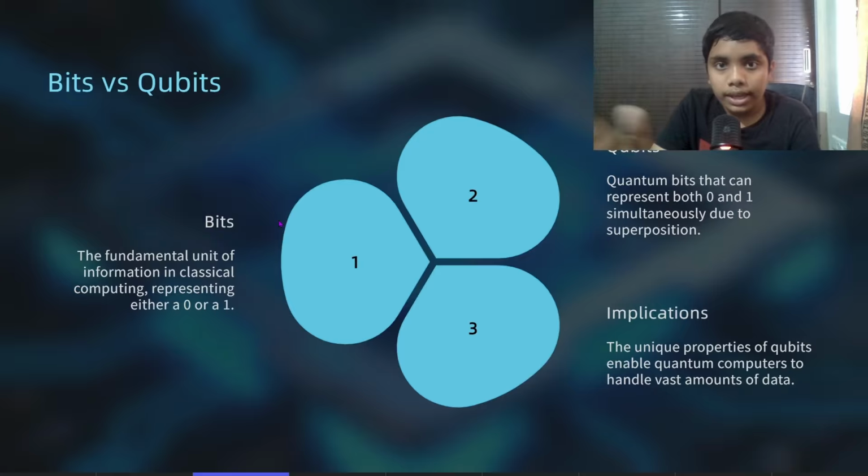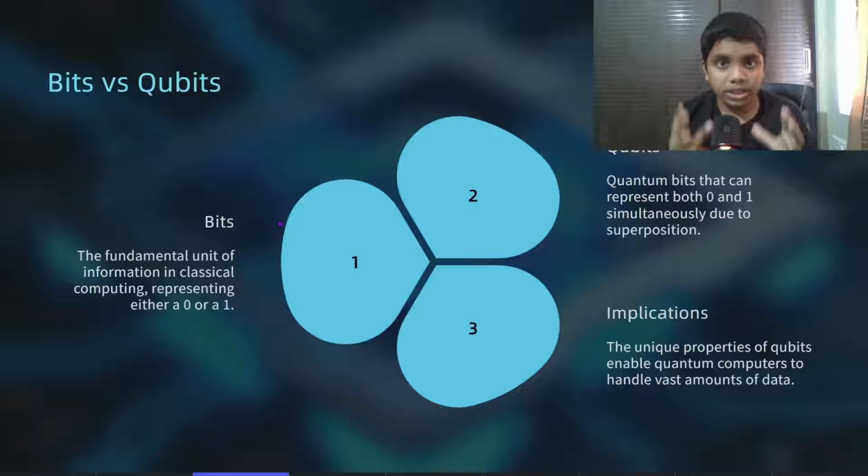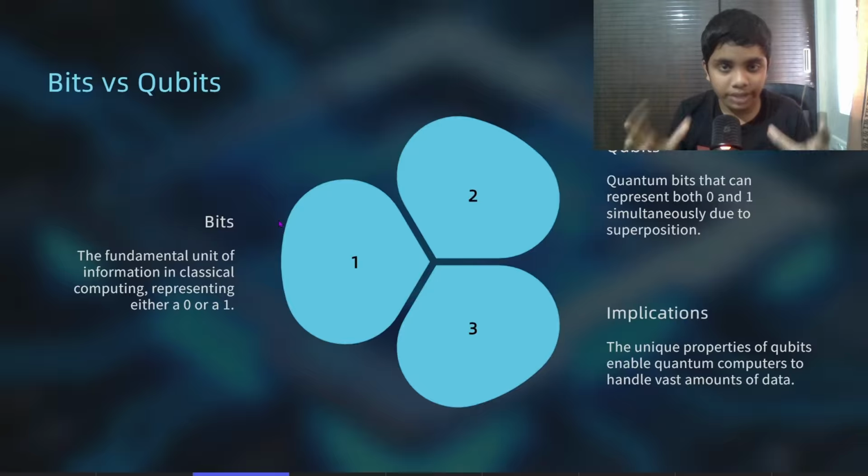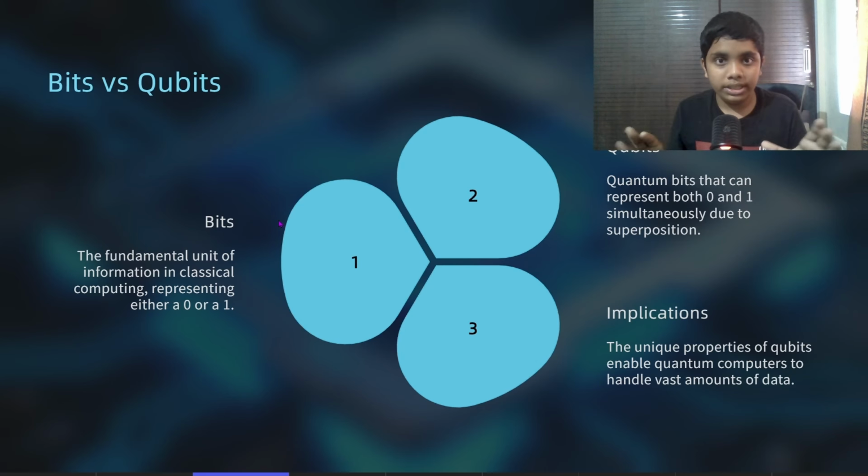It's because the qubit is both 0 and 1 at the same time, so it can explore more possibilities at once. So it can run very, very fast, instead of just being 0 or 1. It can be both, so it can explore many possibilities at very high speeds, accurately and efficiently as well. So yeah, classical computers use bits and quantum computers use qubits.